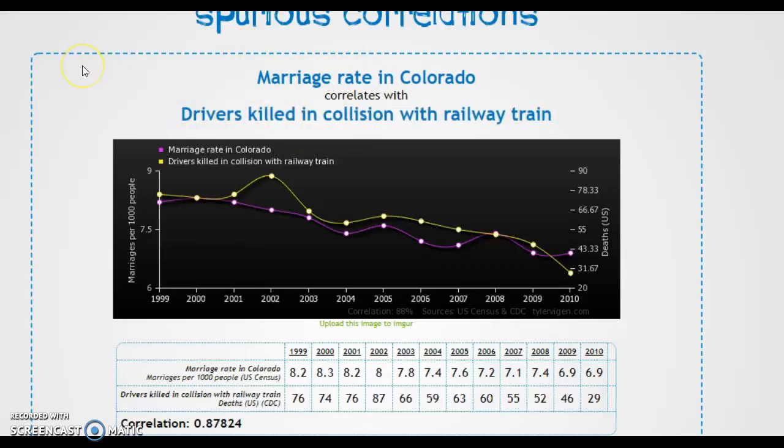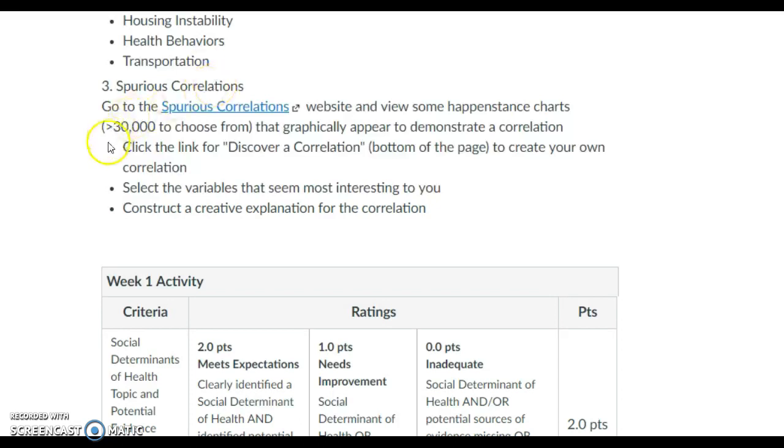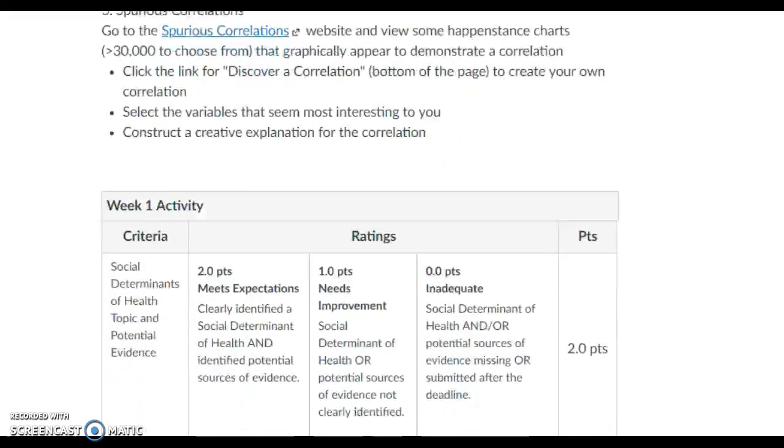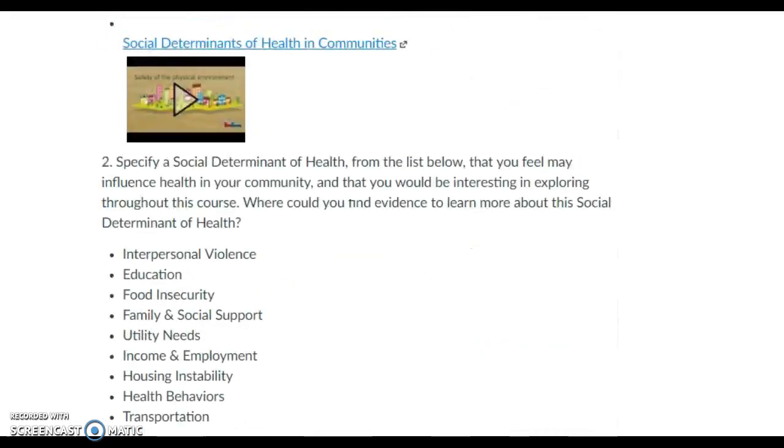So why would marriage rates in Colorado coincide and correlate with drivers killed in collision with railway train? The more creative the answer within appropriate bounds, the better. So you'll be going in and doing a spurious correlation, and then providing us with a creative explanation for that correlation. And that is everything that you need to do for the assignment for this week.